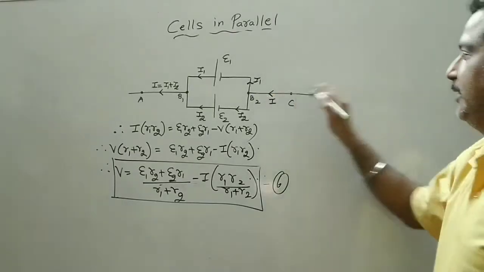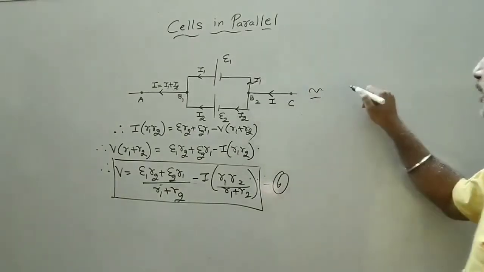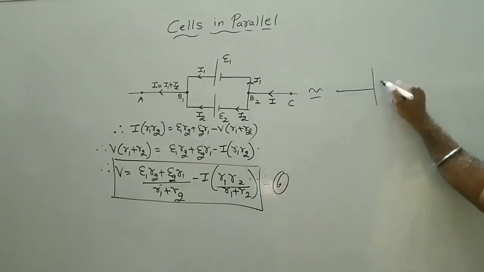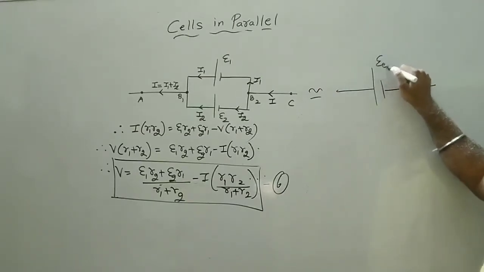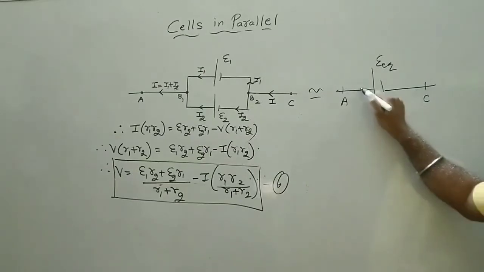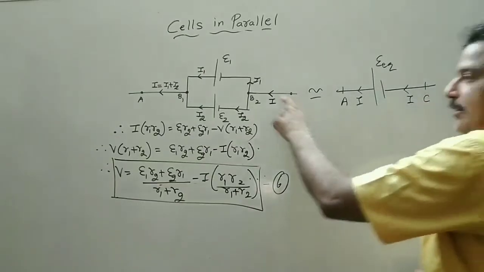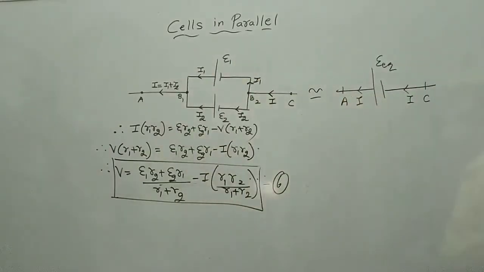Now I replace this, I draw the equivalent diagram. If I replace both these cells with a cell named E equivalent, this is my point A, this is my point C. Again the current flowing through this is I, which is I1 plus I2.